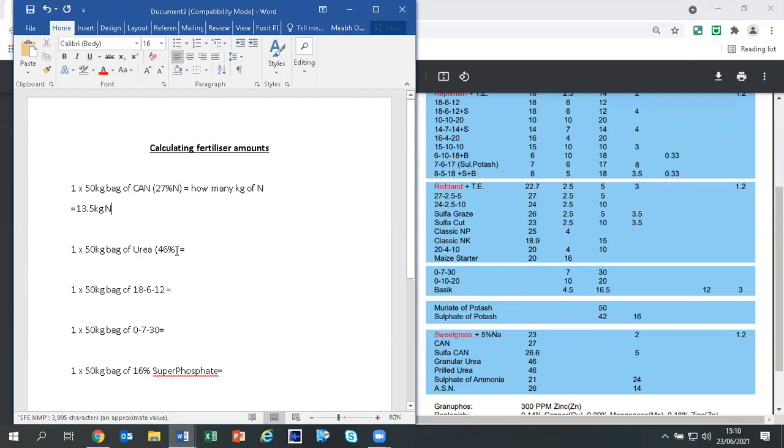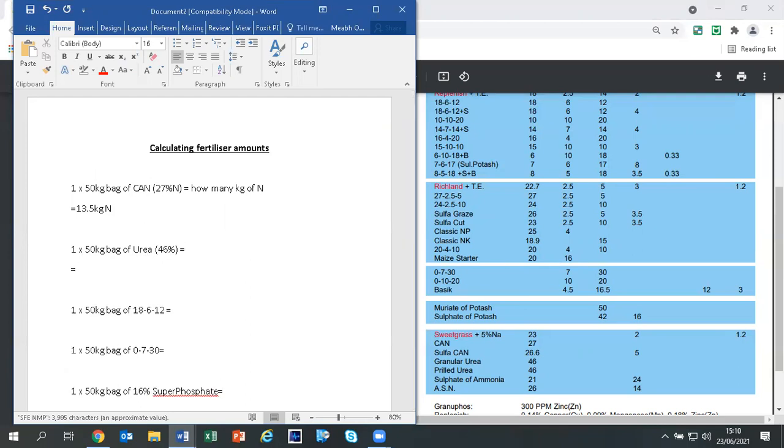So same with a 50 kilo bag of urea. Urea we know is 46% nitrogen. So we take that 46%, divide it by 2, and that tells us that we have 23 kilograms of nitrogen per 50 kilo bag of urea.